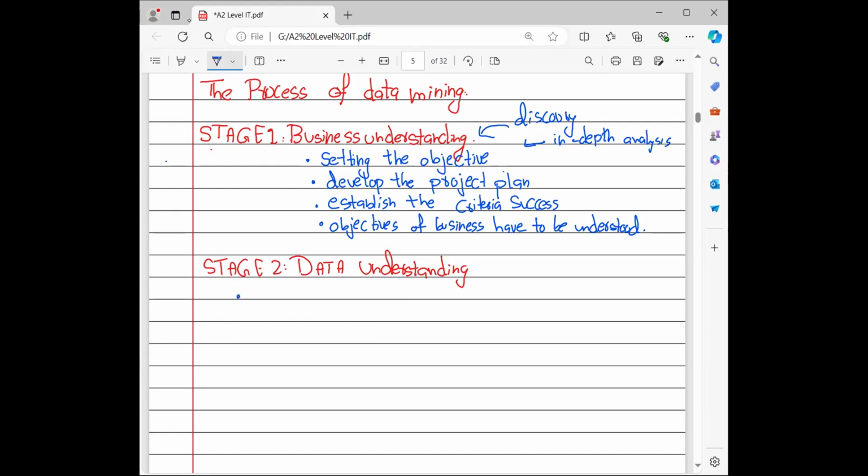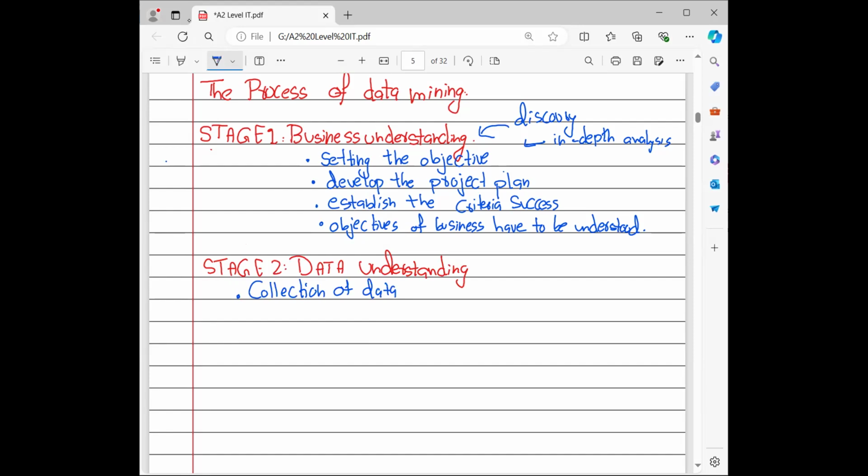In stage two, data understanding, you have understood what your business is, you have completed the in-depth analysis, the discovery, you have explored it. Now you need to understand how your collection of data is going to work. So stage two basically involves the collection of data.